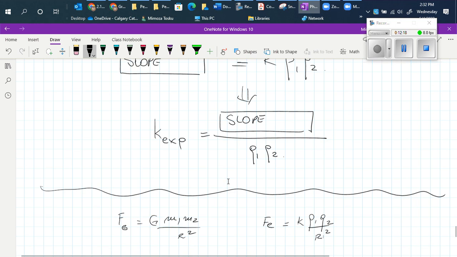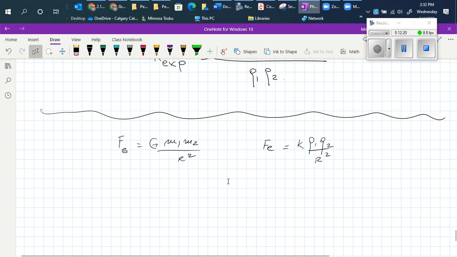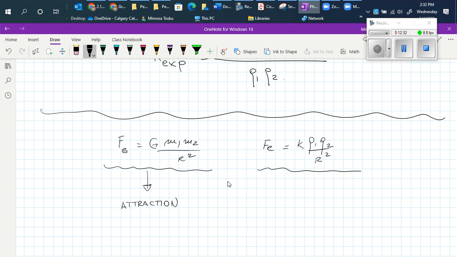When we are talking about the type or the nature of the force, the universal force of gravity is always attraction, and the electrostatic force is both attraction and repulsion, depending on the nature of the charges. If the charges are opposite, then it's attraction. If the charges are the same, then it's repulsion.